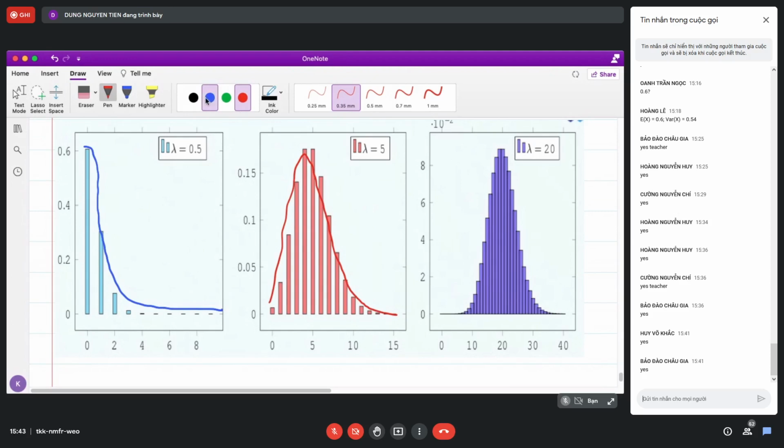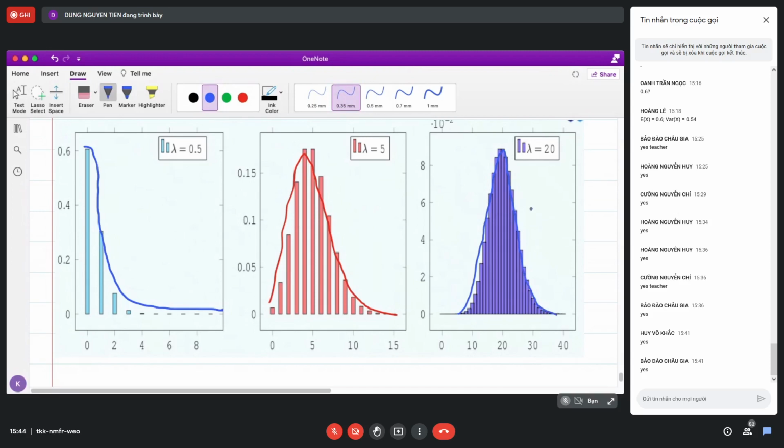And then if lambda is 20, the distribution is still skewed, but it's really hard to recognize that. It looks more symmetric, almost symmetric.